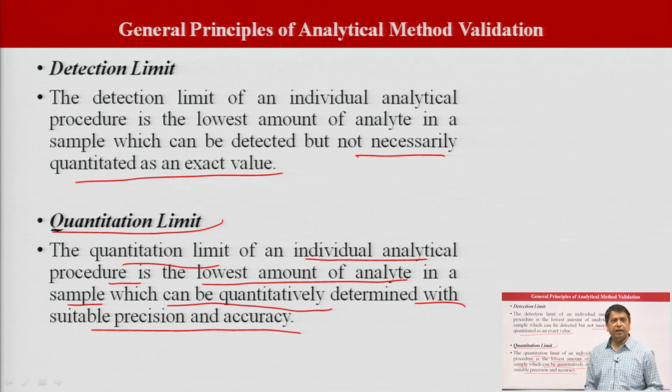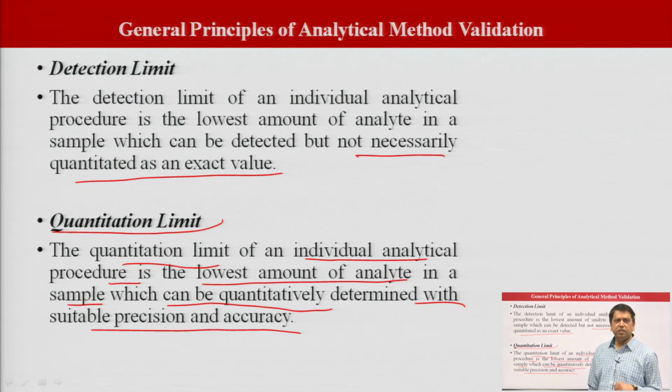So, if any analyte is there, that can be the minimum amount of analyte that can be quantified with a suitable precision and accuracy level, that means the analyte has reached its quantitation limit.